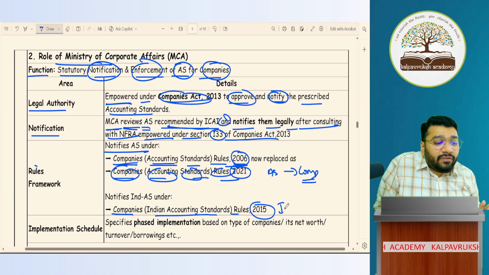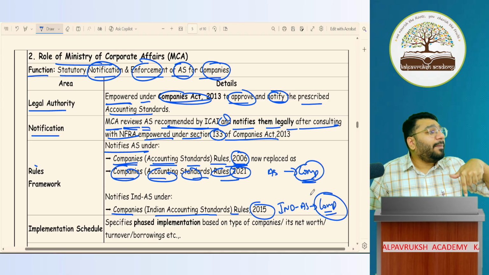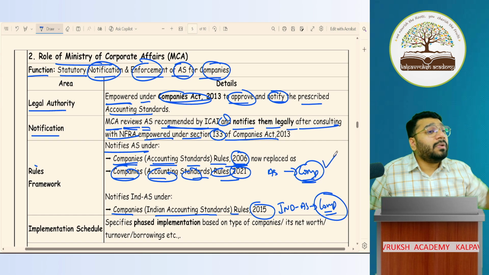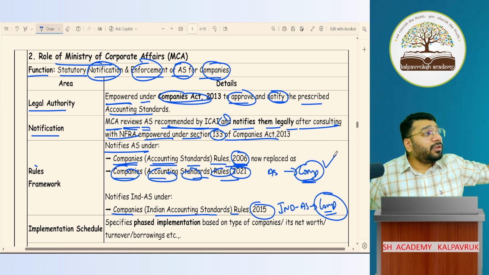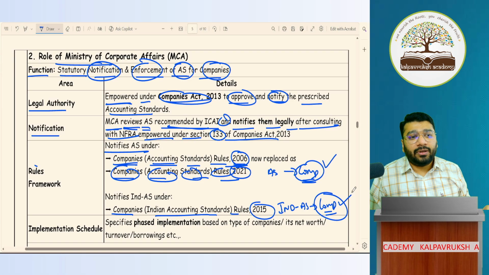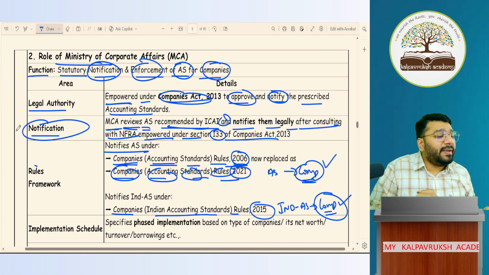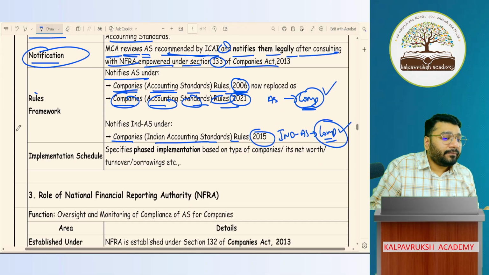So here we have notification of Ind AS applicable on certain other companies. So these two are different. In the next chapter, we learn which are the companies on whom accounting standard is applicable and which are the companies on whom Ind AS is applicable. So these are the places where the notification has been laid down. Got it? Not got it?